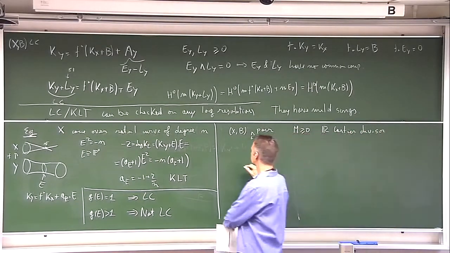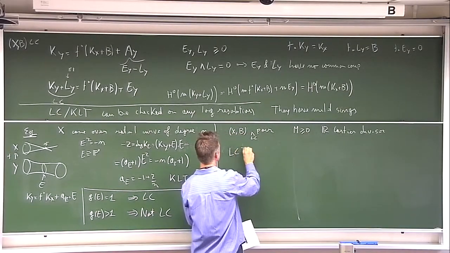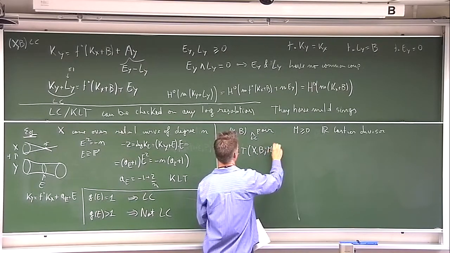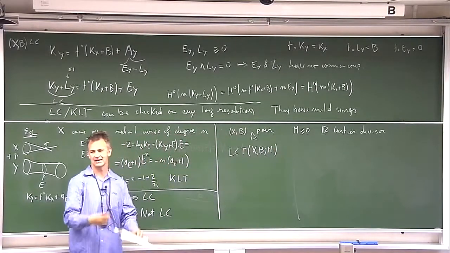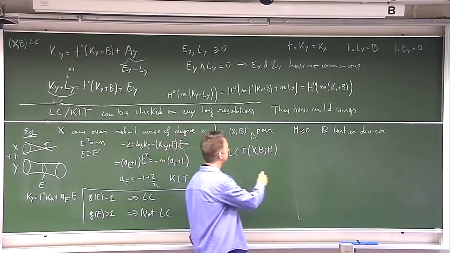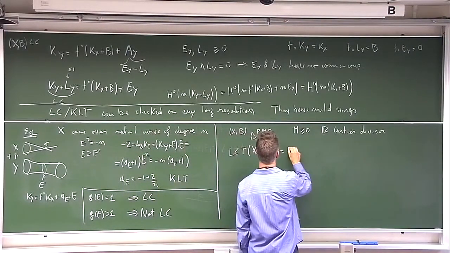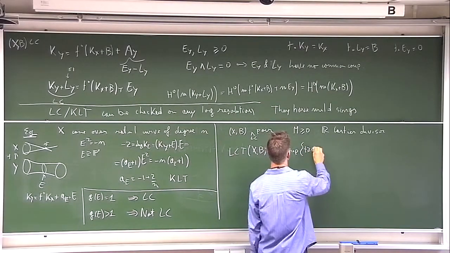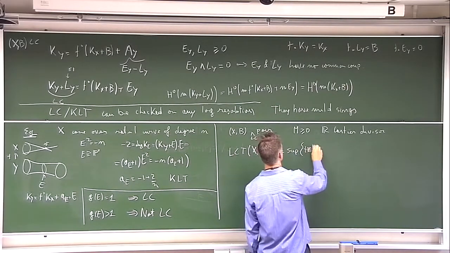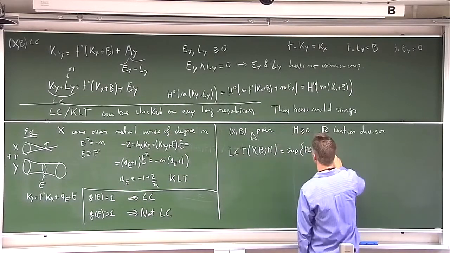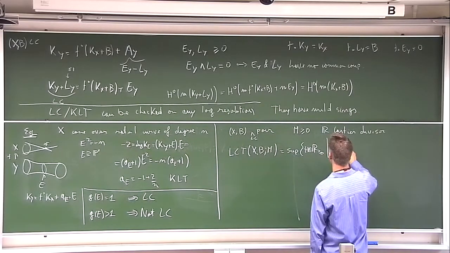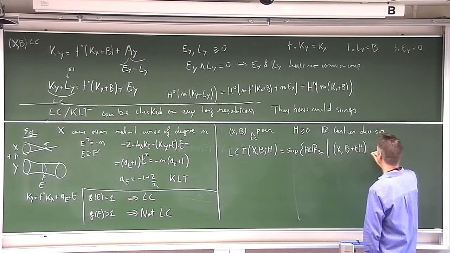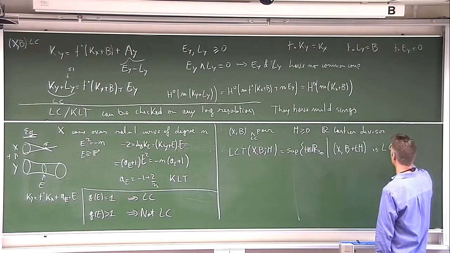And then we're going to consider the log canonical threshold of the pair (X, B) with respect to this divisor M. This is probably not the right standard notation, but I think everybody will understand what it means. So it's going to be the supremum of those positive real numbers t with the property that the pair (X, B plus tM) is log canonical.